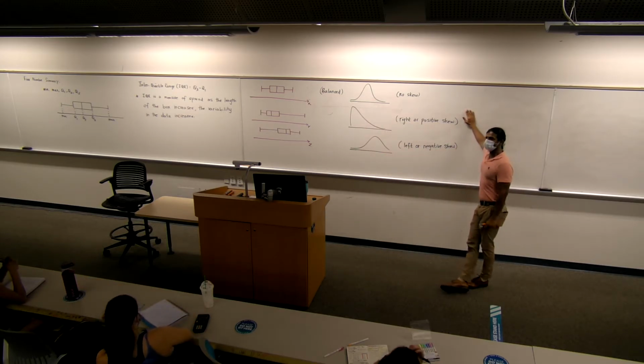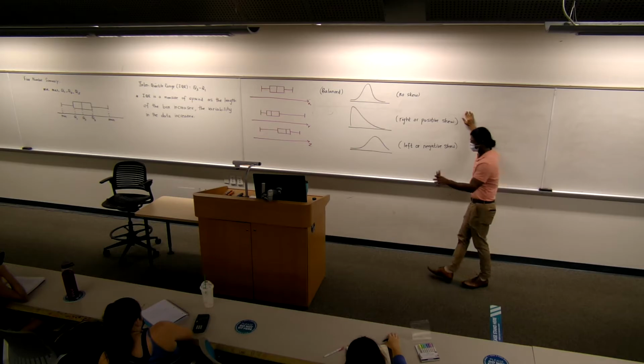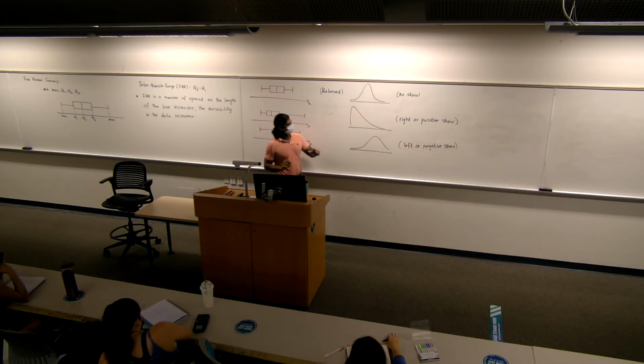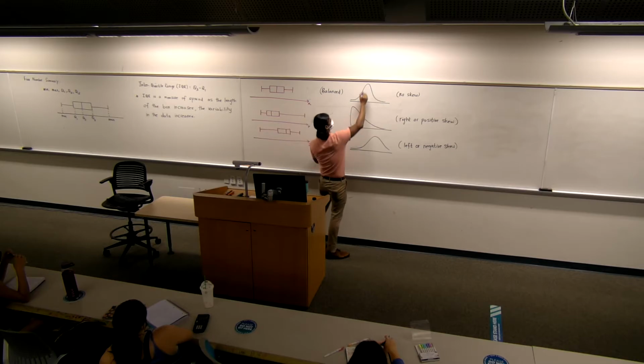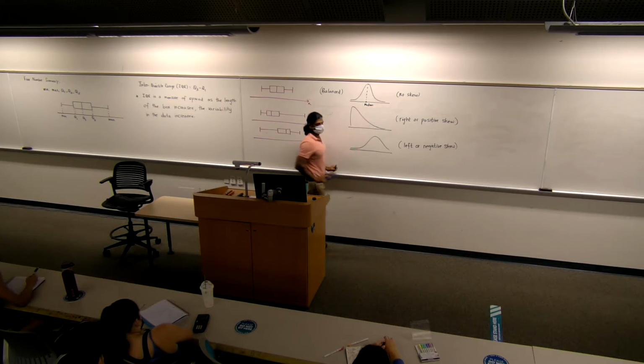Knowing the skew of the data is quite important because it tells us information about the mean, the median, and the mode. So you look at the very first sample, where do you think the median is? Right in the middle. Where is the mode?